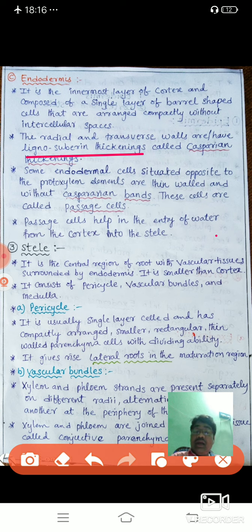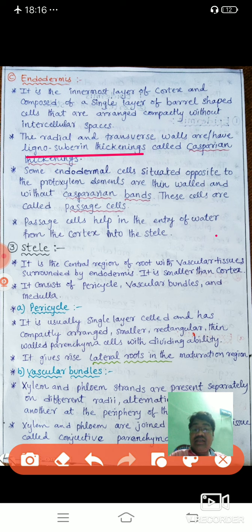So in the endodermis, all endodermal cells have Casparian thickenings, but the cells present opposite to the protoxylem cells do not have any Casparian thickenings. That is why those cells are called passage cells.